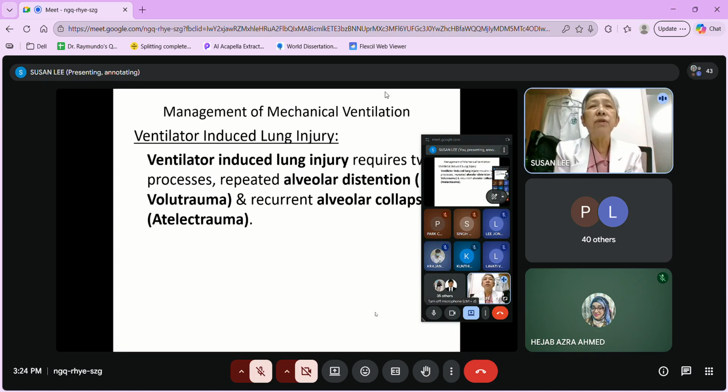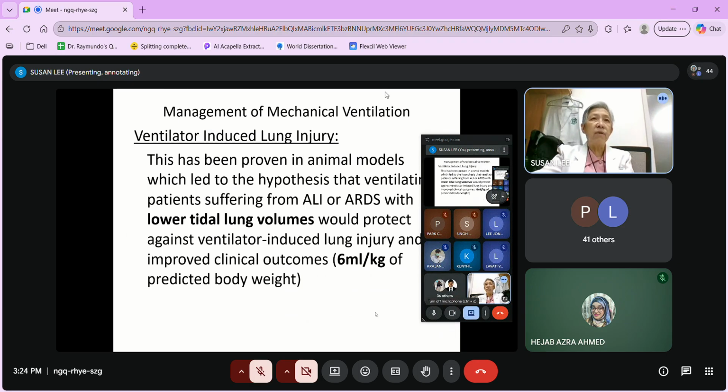Okay, because of this, we further cause injury to the lung instead of helping the patient. So to avoid this, we have found out that if we ventilate the patient using low lung volume, we can avoid the alveolar overdistension, and repeated distension and collapse that can lead to the deterioration of the pulmonary function.